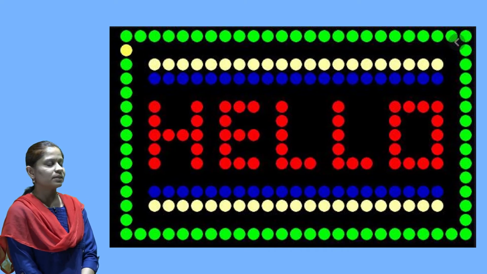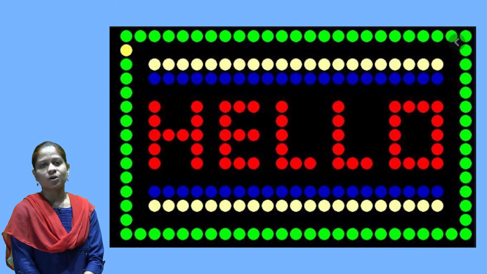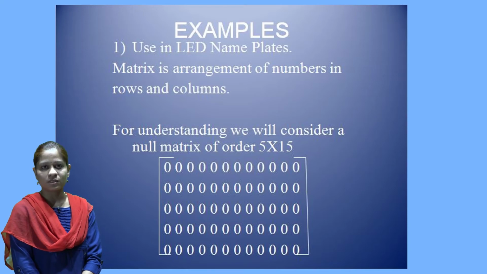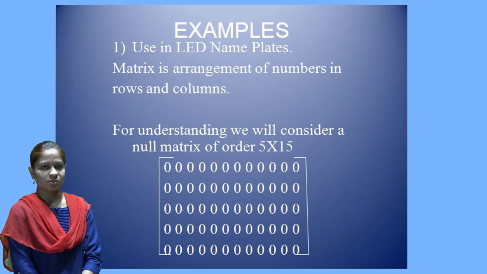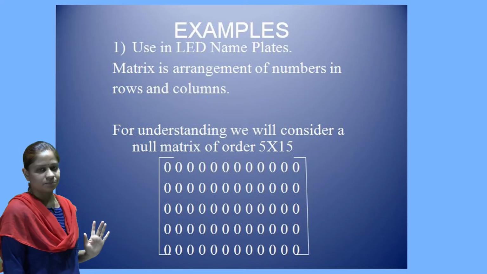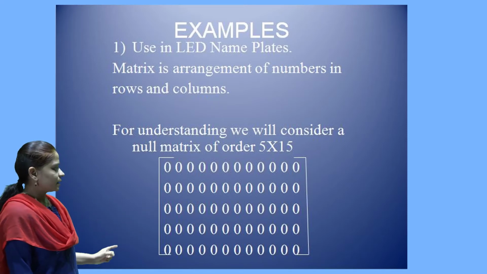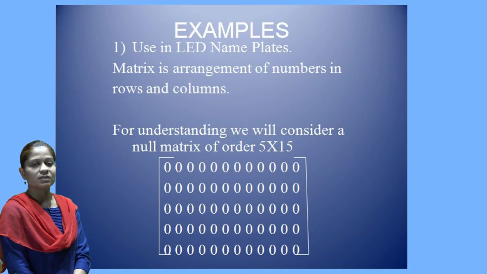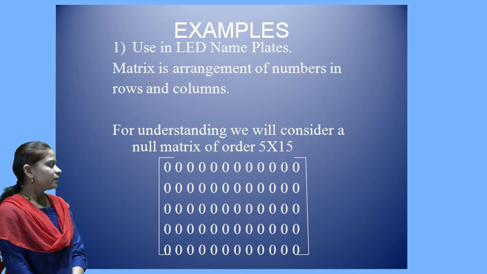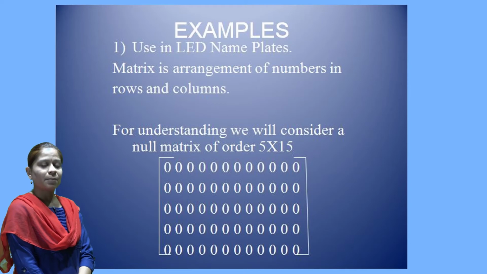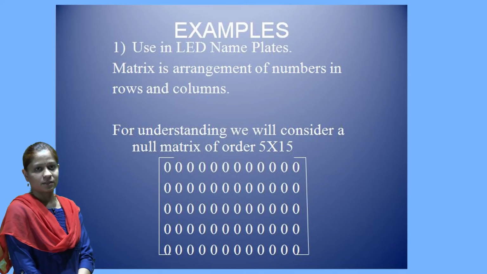If you consider one matrix of order 5 by 15, that means the matrix contains 5 rows and 15 columns. In this matrix I have taken zeros, which is the null matrix, to understand the concept. We will consider these zeros as the LEDs applied in rows and columns.